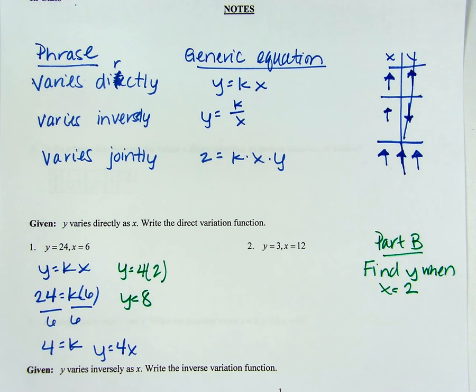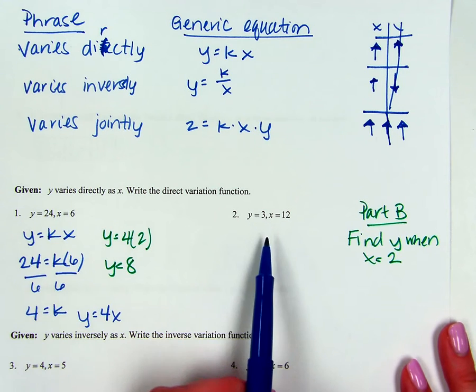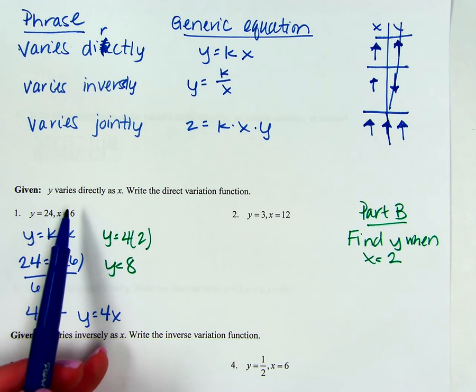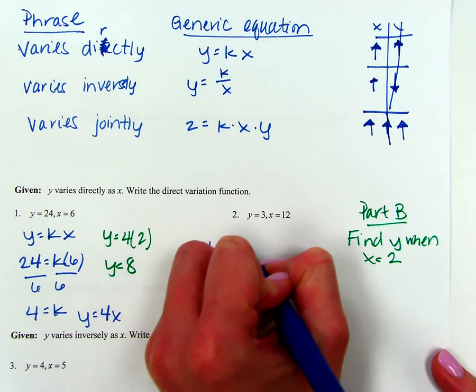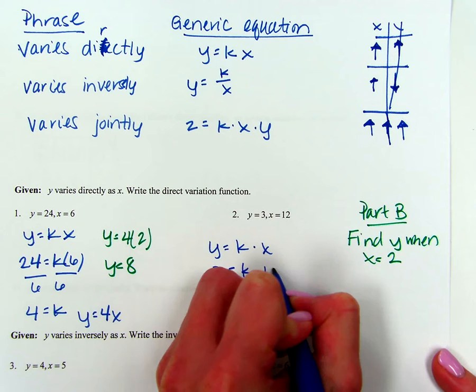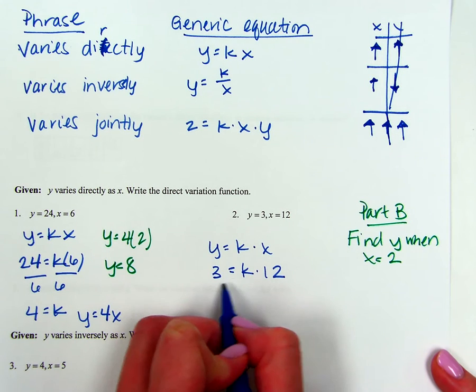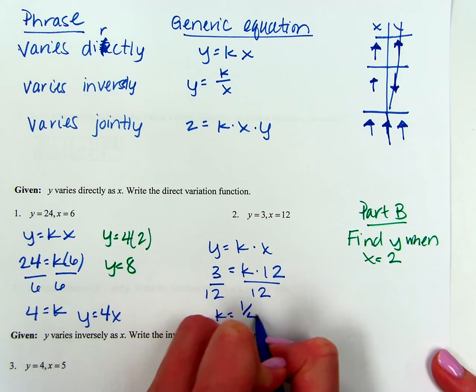Same thing for number 2. We have different variables here, but we're still varying directly. So same thing again, y equals k times x. We'll substitute in 3 equals k times 12. We'll divide both sides by 12. So k equals 1/4.